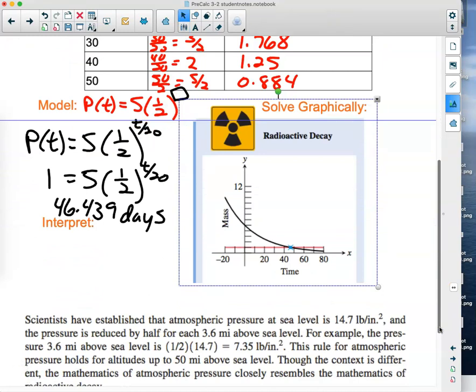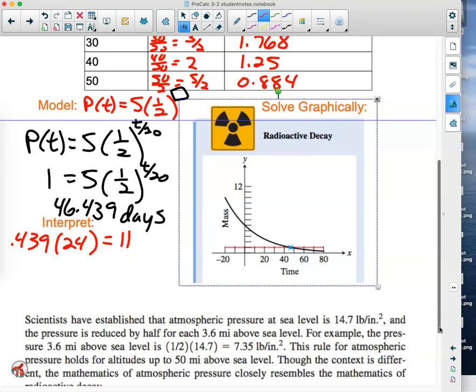But again, apparently somebody really wanted to know when this was going to be down to 1 gram. So we better take our decimal, 0.439, and since this was in days, and we know there are 24 hours in a day, we take 0.439 times 24, and that would give us about 11 hours.